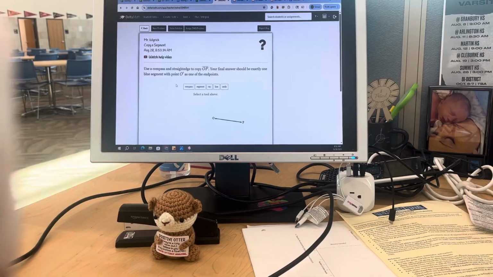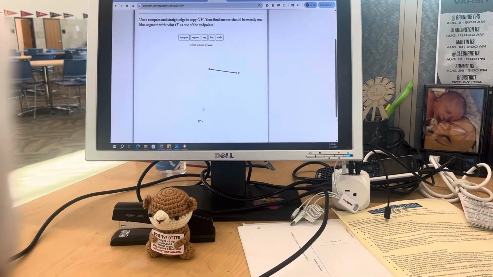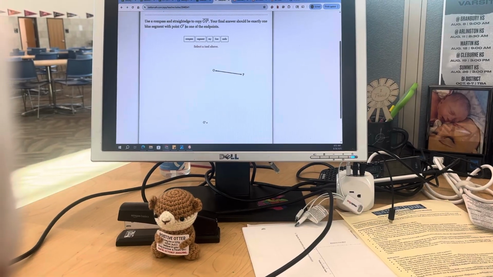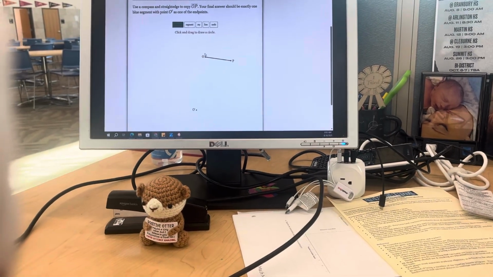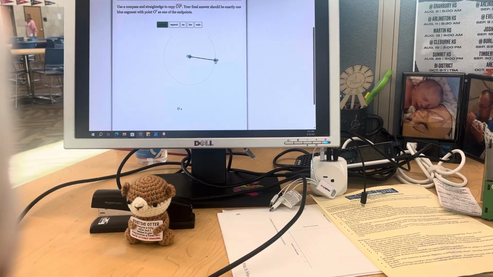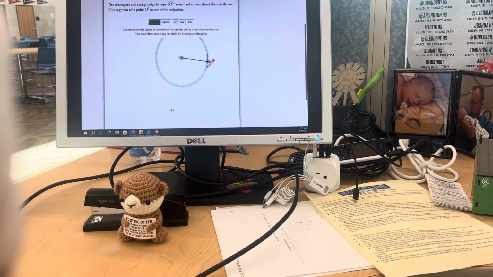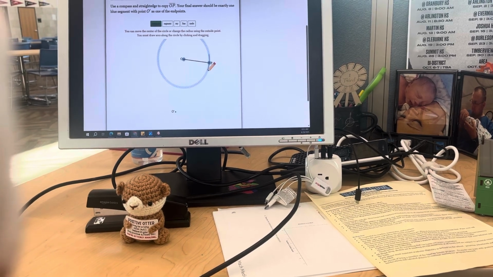On the copy a segment, it's the same thing. I have this segment and a dot down here. I take my compass, click on this point, and drag, and it locks in on this other point. Then it turns into a pencil, and I make that mark saying this is how big my circle is.